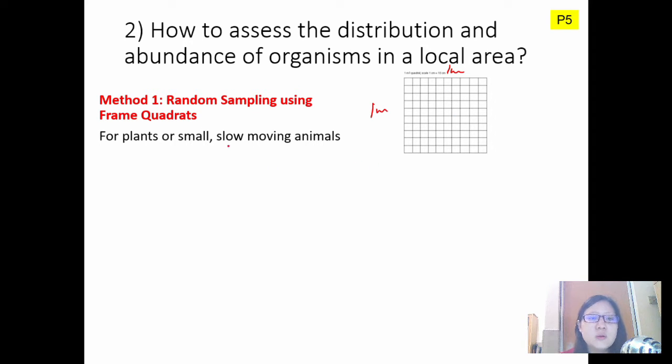You can imagine why this is used for small, slow-moving animals: you want them to be small enough to fit into the 1 meter times 1 meter frame, and you don't want them to move fast because you want to count them. Or alternatively, you can be counting plants, which don't move anyway, but they have to be quite small as well, fitting within the quadrat.